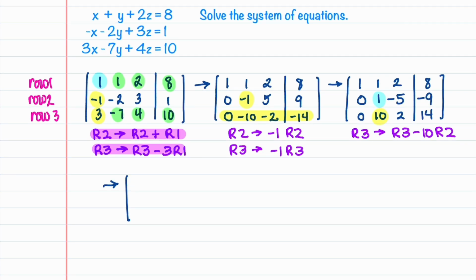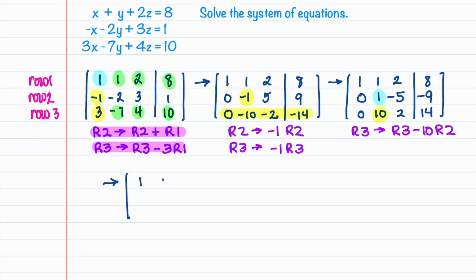Our first two rows are going to be the same, 1, 1, 2, 8, and then 0, 1, -5, -9. On our third row, we have a 0, and then we're going to have our blue 1 times -10, add it to our yellow 10, and we're going to get 0.